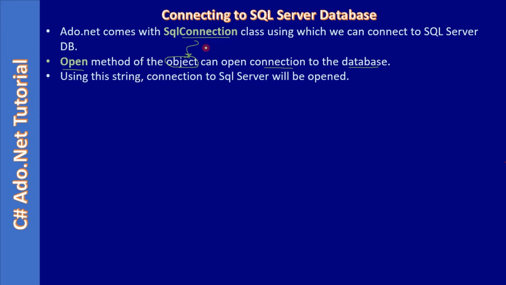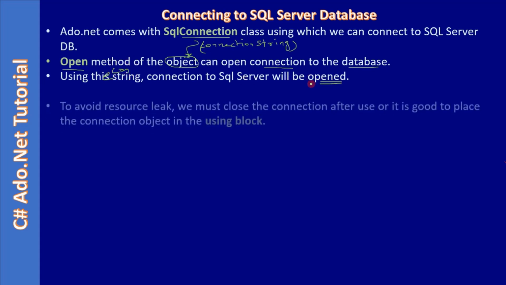Using this string, for example, it will make use of a connection string. In the constructor, we can pass the connection string. So using the connection string, the connection to SQL Server will be opened.